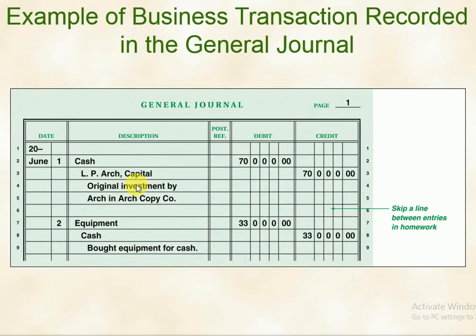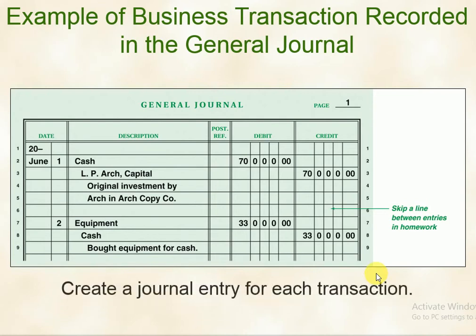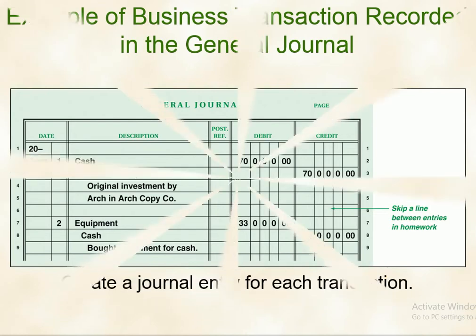It means that this is the initial investment by the owner. Here we debited equipment and we credited cash, and we wrote a simple description: bought equipment for cash, $33,000, right? This is the format of the journal, a simple format, and in this form you will be recording different transactions. Create a journal entry for each transaction.